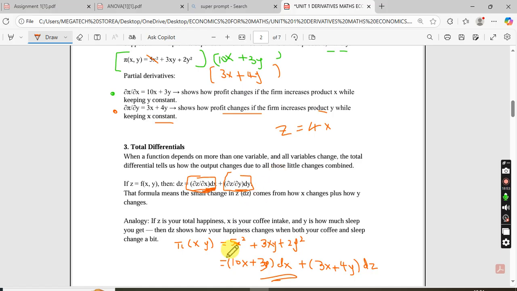Remember, we derived this function with respect to x and got 10x plus 3y, which is here. Then we derived this function with respect to y and got 3x plus 4y. So these partial derivatives we calculated earlier, we're just putting them together like this.